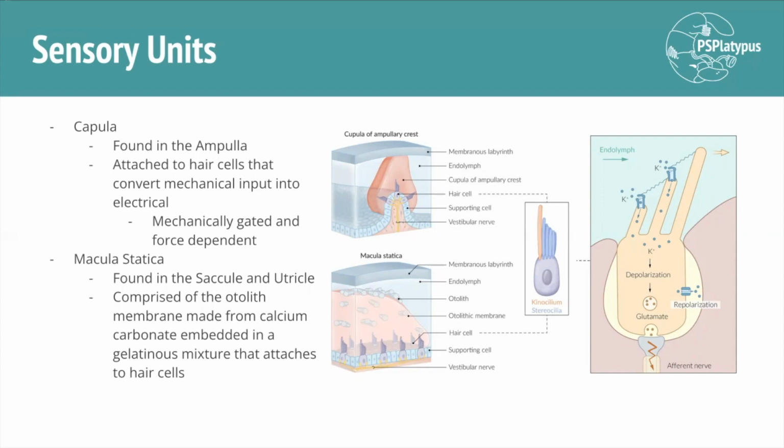This then causes potassium to rush into the hair cells, causing a depolarization. This then converts into an electrical signal, creating a neuronal impulse, therefore allowing the brain to interpret the motion that is occurring, converting a mechanical input into an electrical signal.